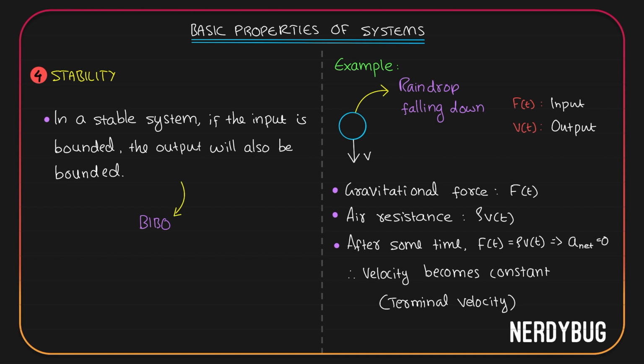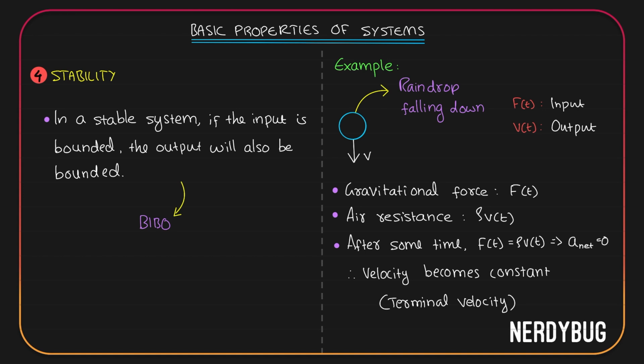Now, as the raindrop keeps falling down under the effect of gravity, it will be accelerated by acceleration due to gravity. Obviously, its velocity will keep increasing, but air resistance is directly proportional to the velocity. As velocity increases, air resistance also increases.